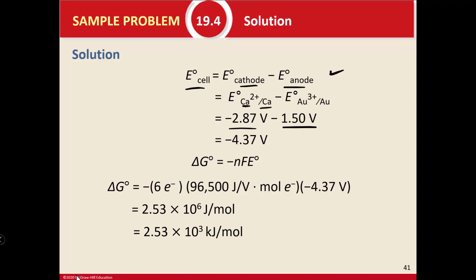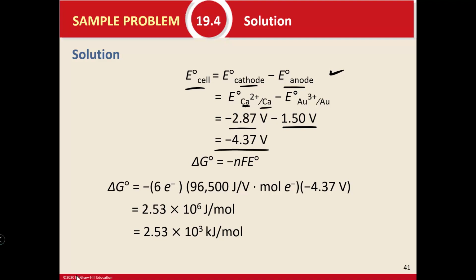And we get a cell potential of negative 4.37 volts. And you go, that doesn't sound good. It's not a positive value, it's a negative value. So this reaction doesn't seem like it's going to be spontaneous, because we want a positive cell potential to drive the electrons through the wire, right? So let's go on and see what happens.